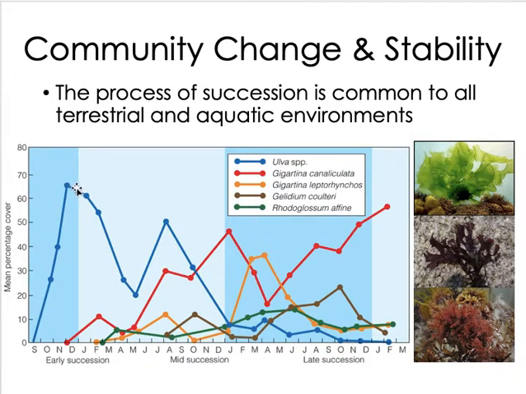And then, at some point entering the mid-succession, bumaba siya because of the emergence of other species like Gigartina and another species of Gigartina. So, medyo bumaba siya. And then, when the two species of Gigartina go up and up, bumaba siya. And then there's a sudden shift na naman na tumaas, kasama ng Gigartina. And bumaba siya ulit. Okay?